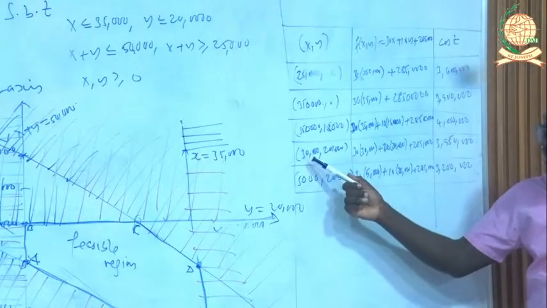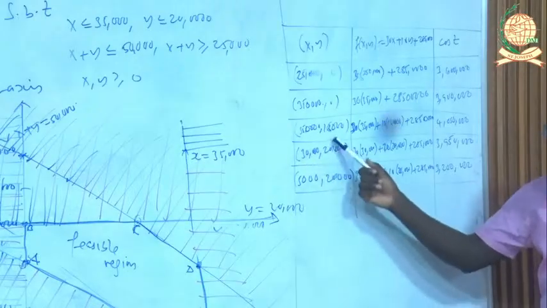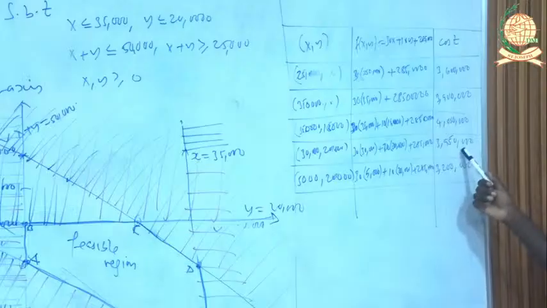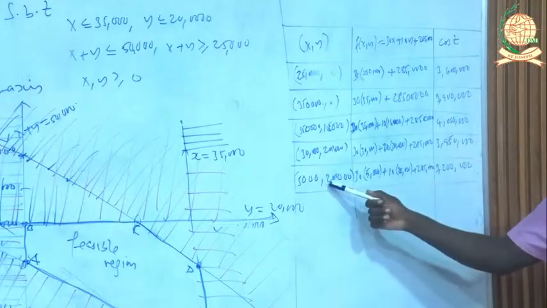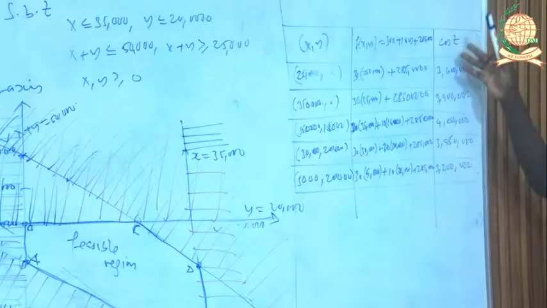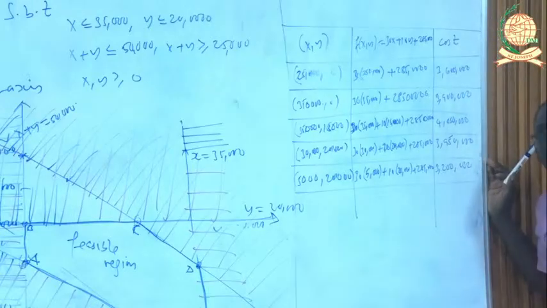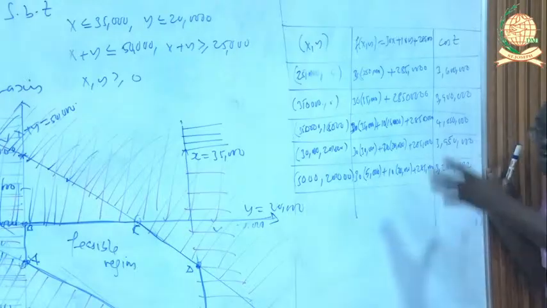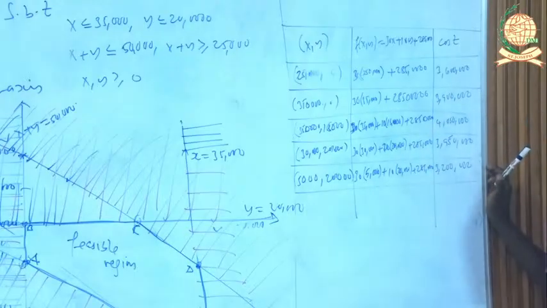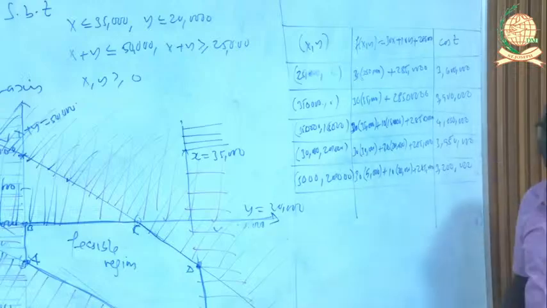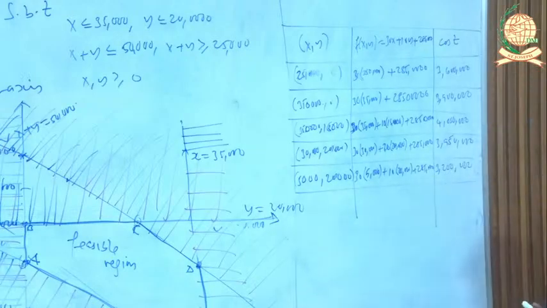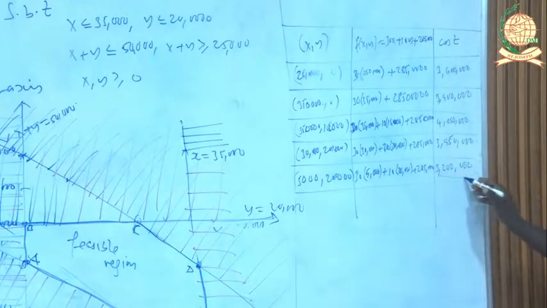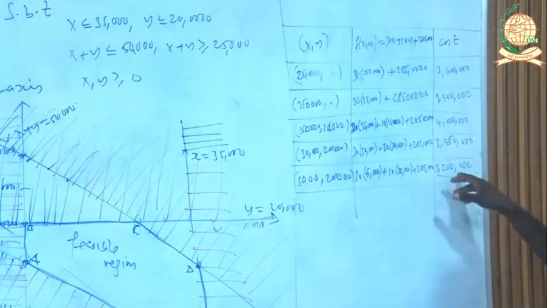Again, x could be 30,000 and y 20,000 to give almost 4 million again, and 5,000 and 20,000 to give this cost. So you can see there are different possibilities of doing this transportation for that water supply company to supply its water. The minimum cost here is this one, 3,200,000.